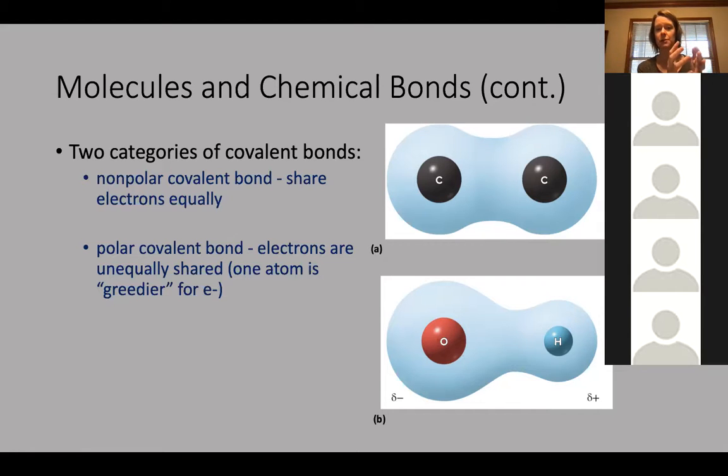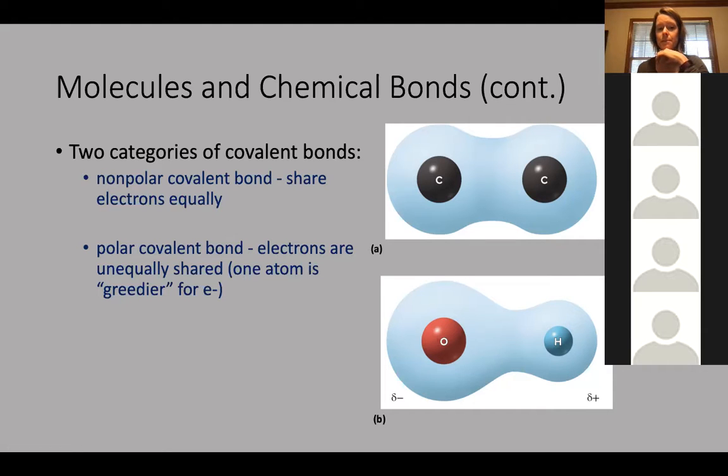Because electrons are negatively charged and those electrons are a little bit closer to the oxygen, the oxygen is slightly negatively charged, which is that delta symbol you see in the bottom left of that diagram. Don't worry about the delta symbol; the negative is what you want to focus on. It just means it's partially negatively charged. So we don't consider it a full negative charge like we would with an ionic bond, which I'll talk about in a minute, but it's slightly negative. So the oxygen is slightly negative, and the hydrogen is going to be slightly positive because the electrons aren't as close to it.